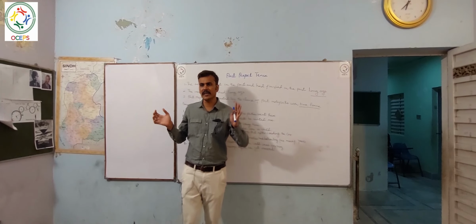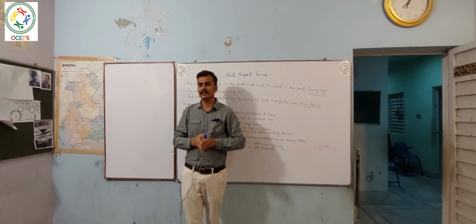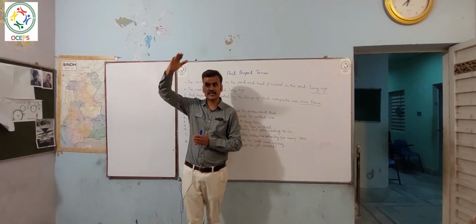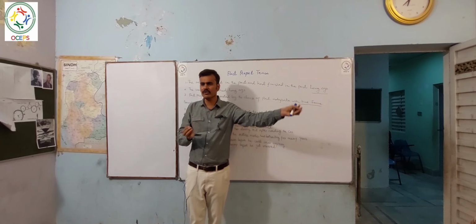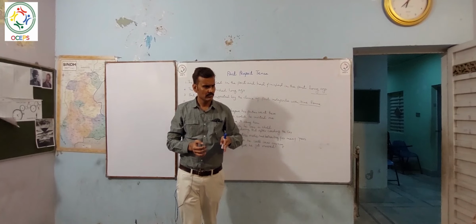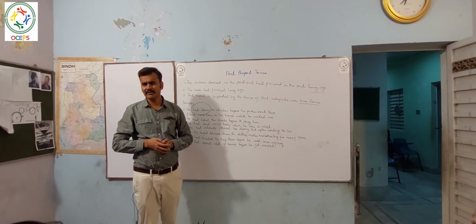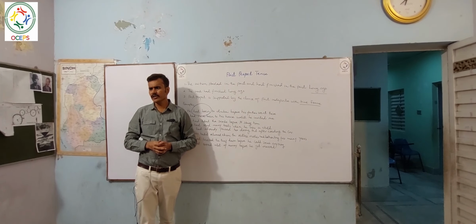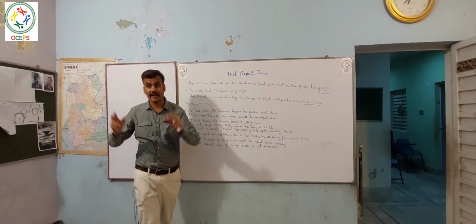If somebody asks what the difference is between past perfect and past indefinite tense, the answer is very simple: past perfect takes a longer duration of time and past indefinite takes a shorter duration, like yesterday, last night, half an hour ago. That is the setting of past indefinite tense. And past perfect tense, two years: he had got the money two years before. You have a longer period of time.